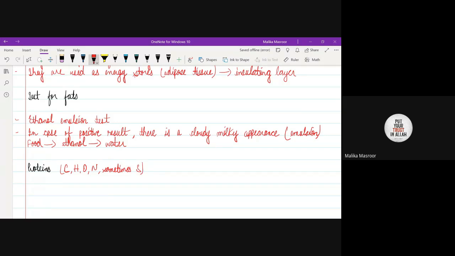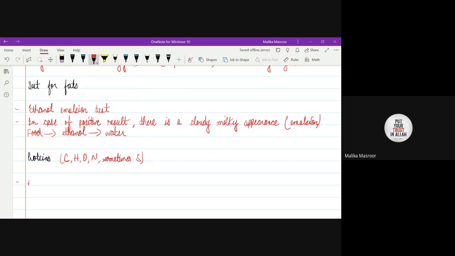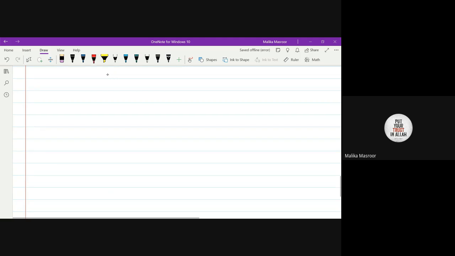Your proteins are made up of long chains of amino acids.